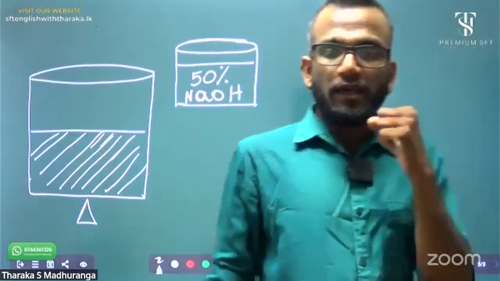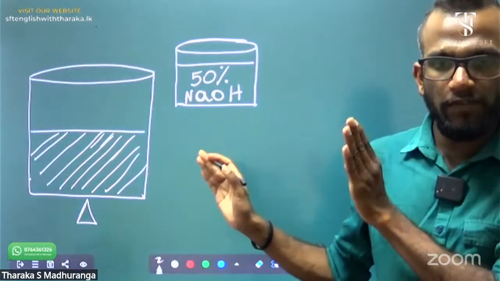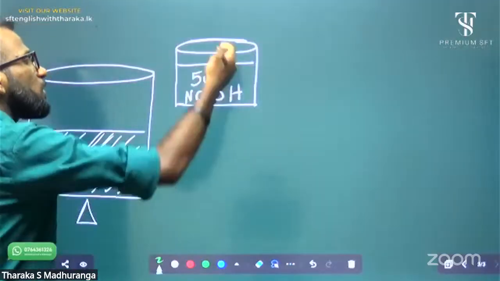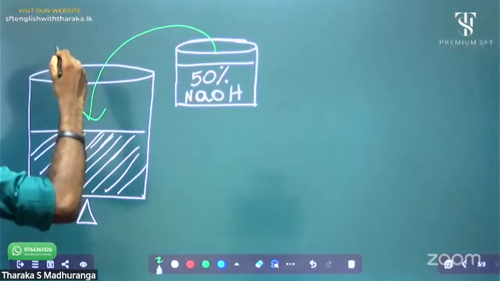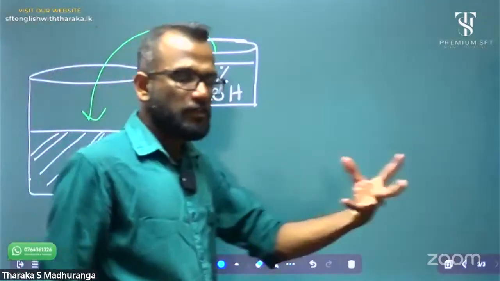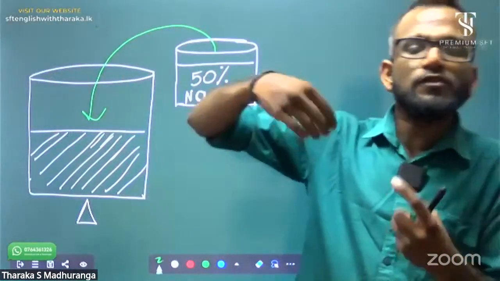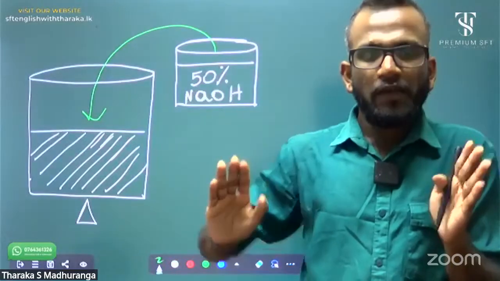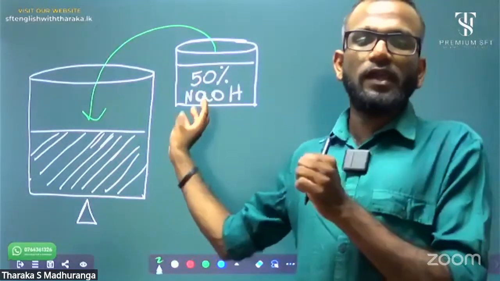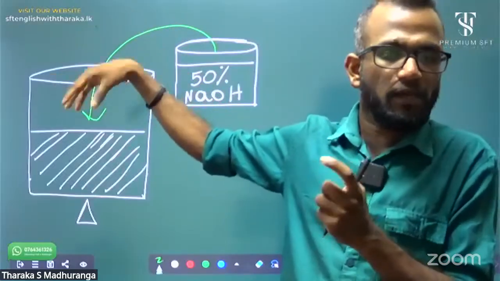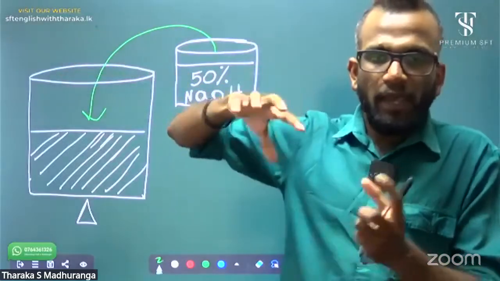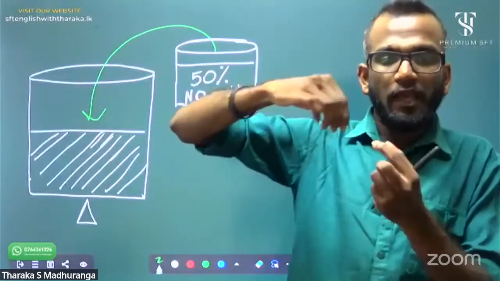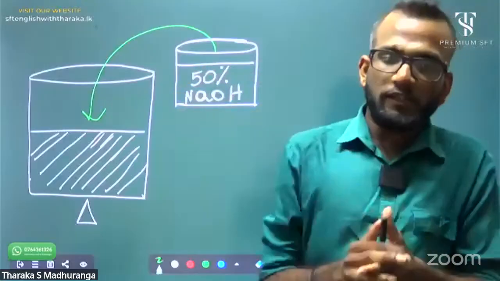When this triglyceride is heated well, gradually add this 50% sodium hydroxide solution, which is 50% water and the remaining 50% sodium hydroxide. Understood? Add it into this reaction chamber, and during this mixing time, stirring is a must.